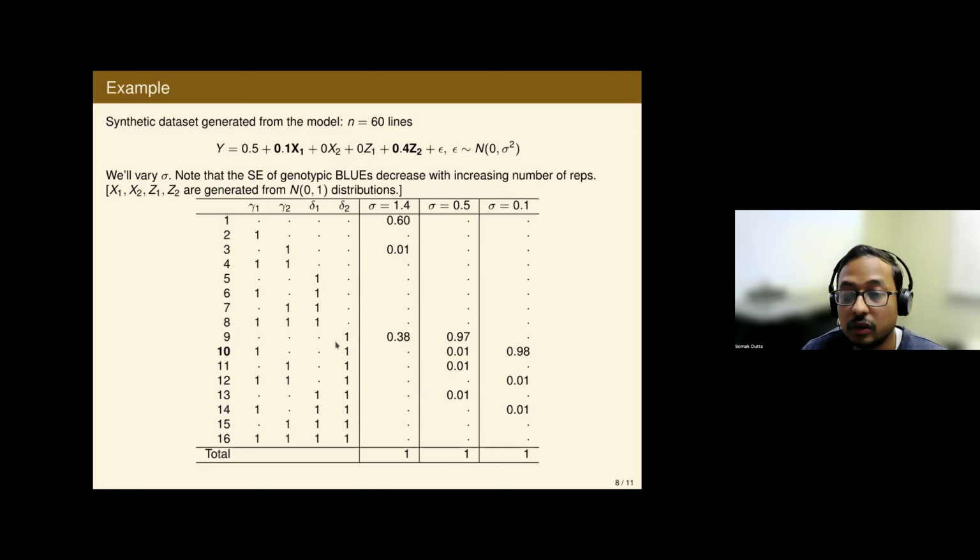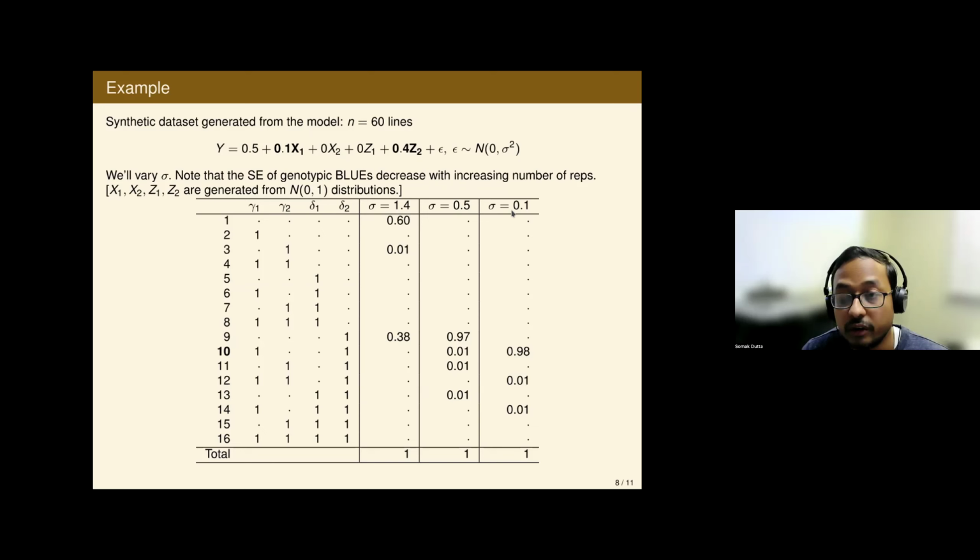This is because the first SNP has a relatively smaller effect size. The coefficient is 0.1 compared to 0.4 for the second gene. So the effect of the SNP is small. Although it's non-zero, it's small, which is why it's not detected even when sigma is 0.5.